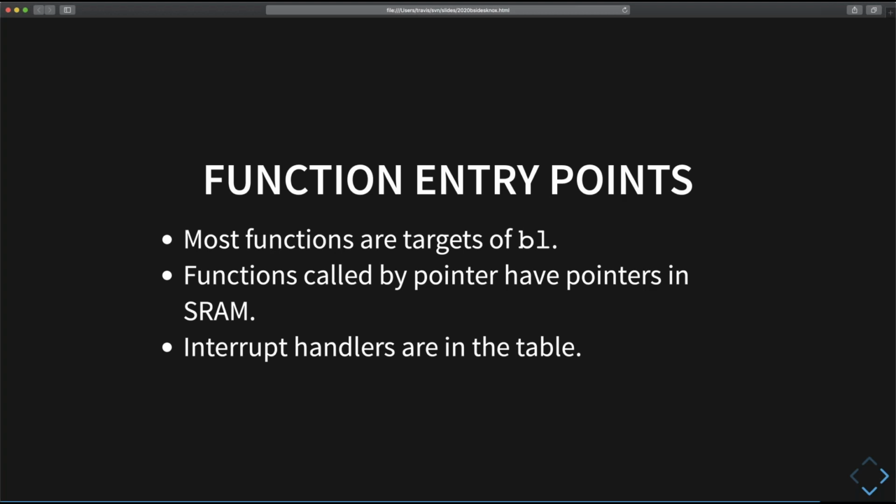The only exceptions to that in a normal application will be functions that are called by pointer, where you will find a copy of the function pointer either in Flash or SRAM, and interrupt handlers, which are in the interrupt handler table.